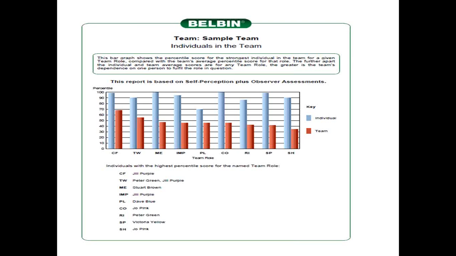So, for example, in this particular sample, we could see that the monitor evaluator, coordinator, and specialist, so 2 thinking team roles and 1 social team role, are almost at 100% of the normative percentile database that the methodology would use. So that's quite high. At 100%, this is the highest percentile.